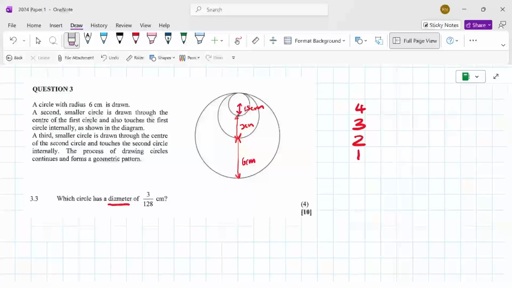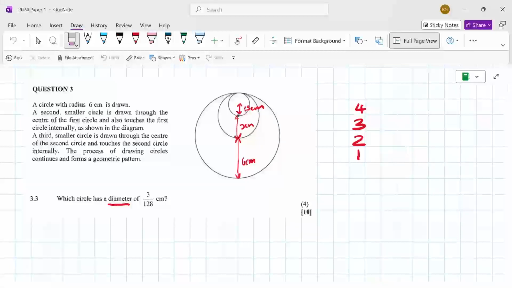Okay, we're over 5. Now we have 4 minutes left. What circle has a diameter of 3 over 128? So before we found an expression for the area, then we found the a value, we found the constant ratio, then we were able to put it into our sum formula.